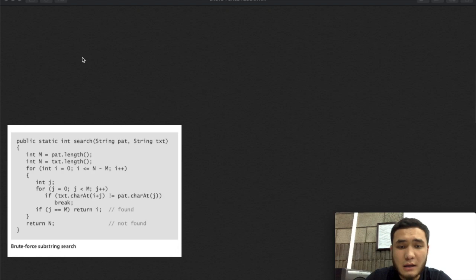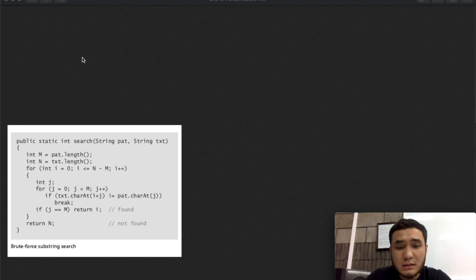For each i, it resets j to 0 and increments it until finding a mismatch or the end of the pattern, when j equals M. If we reach the end of the text, when i equals N minus M plus 1, before the end of the pattern, then there is no match.